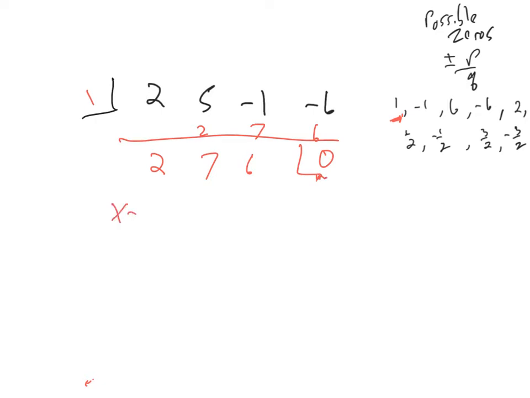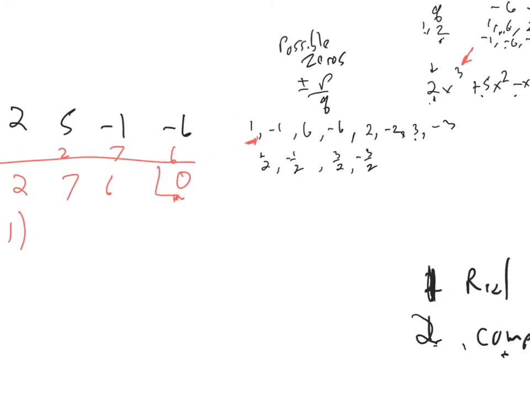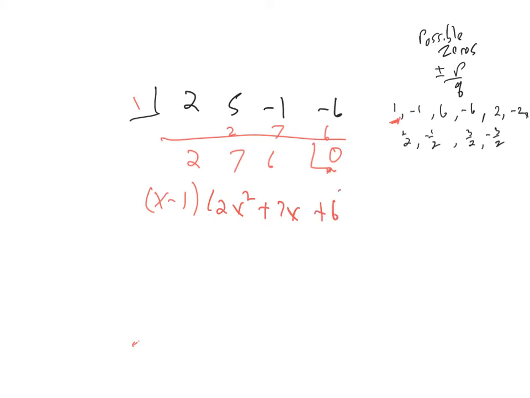That means x minus 1 is a factor, and the leftovers, dropping it down 1 degree from the cubic, become 2x squared plus 7x plus 6.